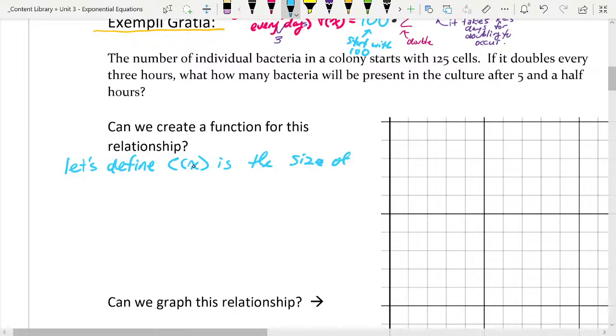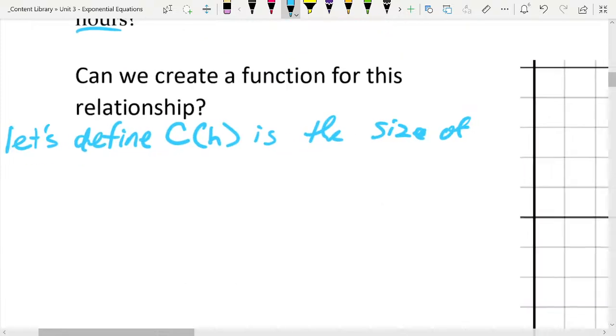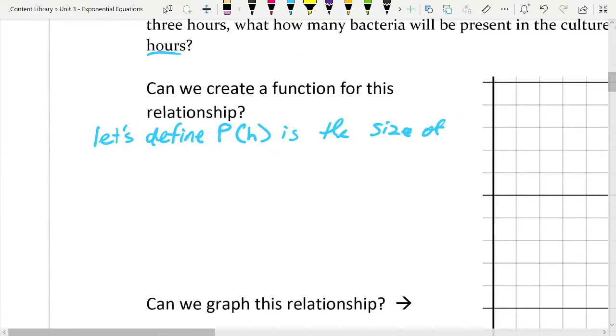Do we want to use x for the variable, or because it's hours, do we want to use h for hours? Should we say C at h? Okay, let's do P. Let's define P at H as the size of the population.